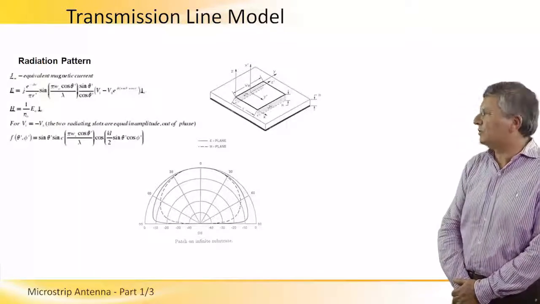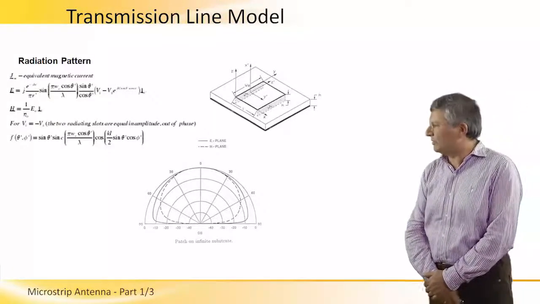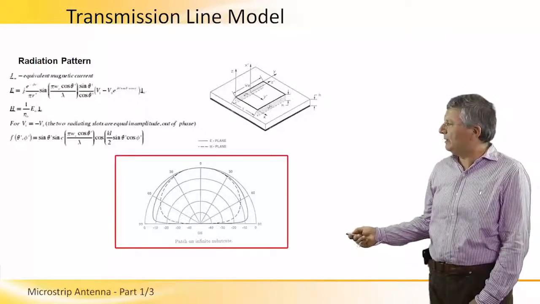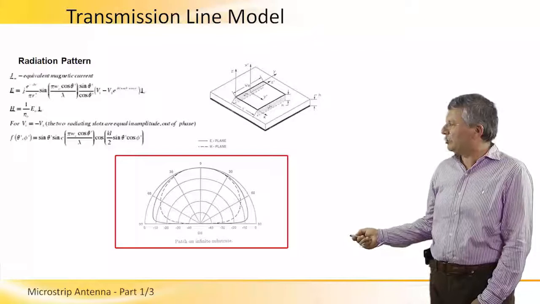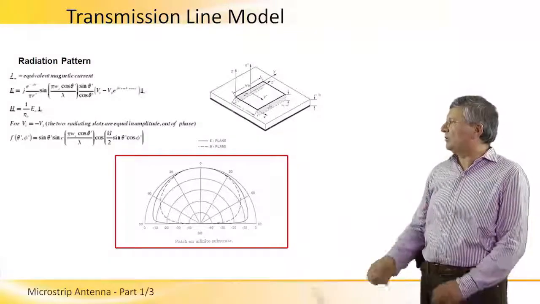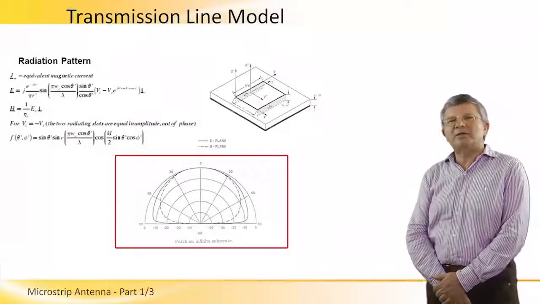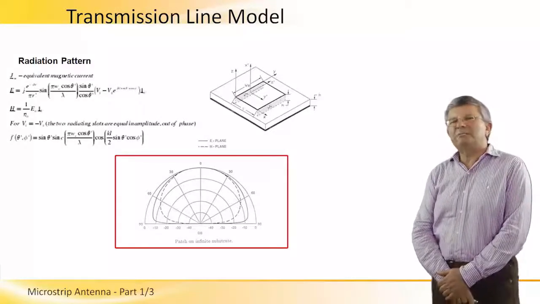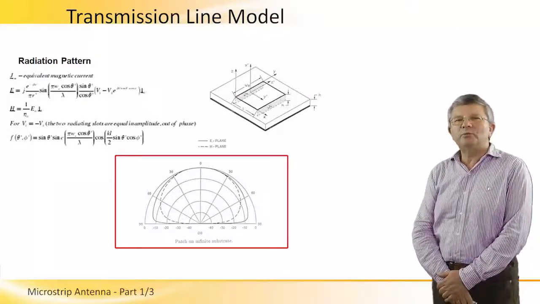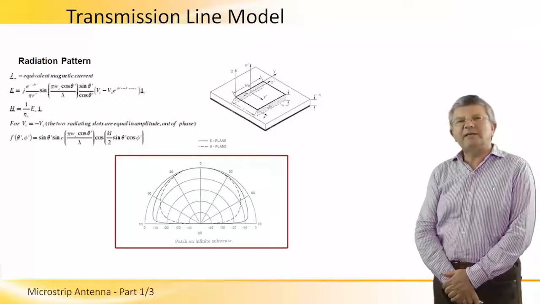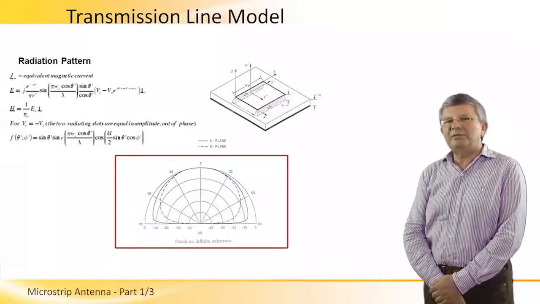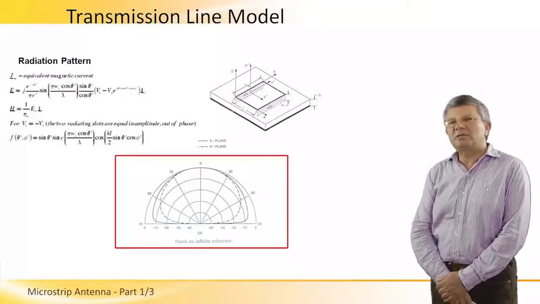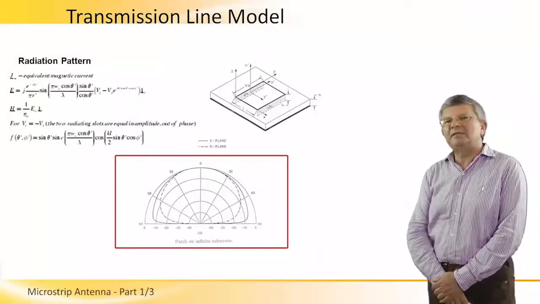This is the radiation function of the patch antenna, and here we can see typical radiation pattern plots in the E-plane and H-plane. What we can notice here is that the patch antenna with rectangular shape is pretty wide in beam width, in both E and H plane, and the 3 dB or half power beam width is approximately 70 to 80 degrees.